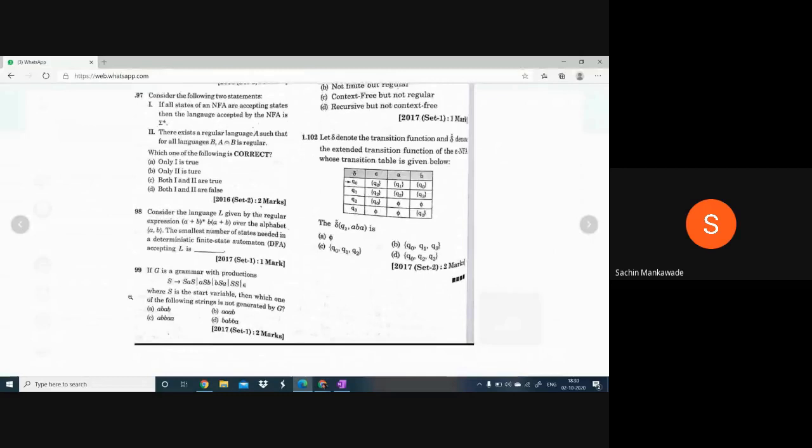This 99. He has given productions where S is the start symbol variable. Which one of the following strings is not produced by the grammar? He has given some grammar: S to SAS, ASB, BSA, SS and epsilon. He has given 4 strings. Out of those 4, which will not be produced by the grammar?